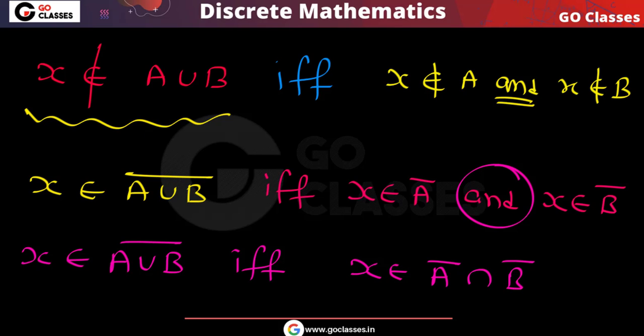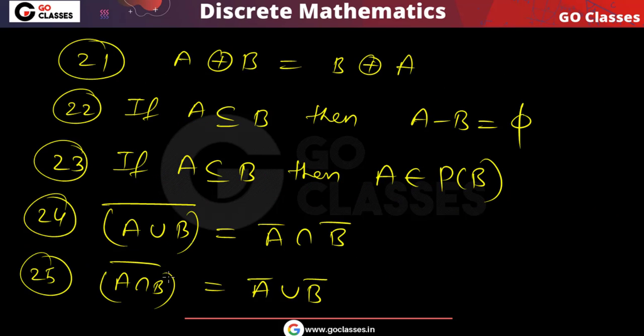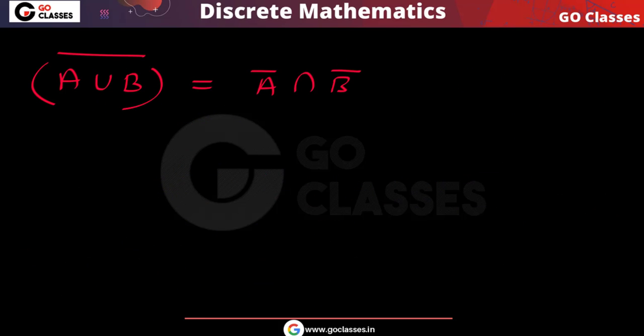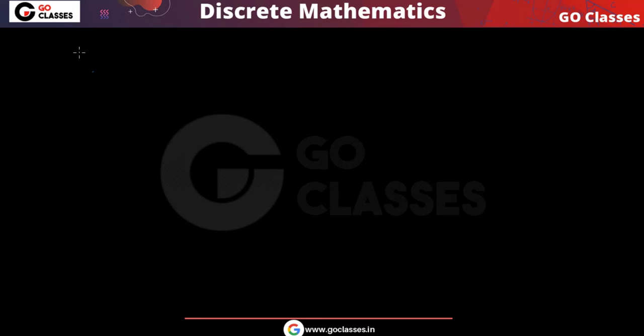The proof is very simple, because we have already seen all of them. If X does not belong to this, it automatically means X is not in A and X is not in B. Similarly, let's assume X is not in A intersection B, then what does it mean?